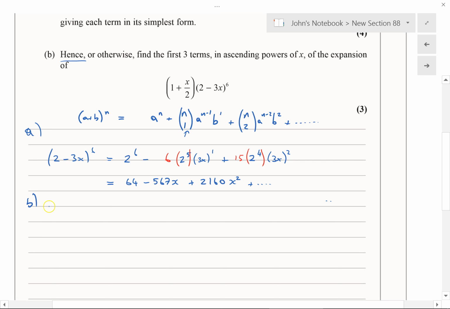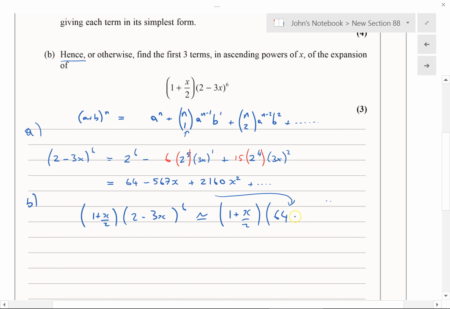So we've got 1 plus x over 2, times 2 minus 3x to the 6, is approximately equal to 1 plus x over 2 times by this expansion here, because we've just got this as the first approximation.